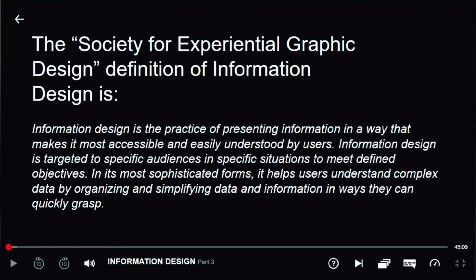Information design is targeted to specific audiences in specific situations to meet defined objectives. In its most sophisticated forms, it helps users understand complex data by organizing and simplifying data and information in ways they can quickly grasp.